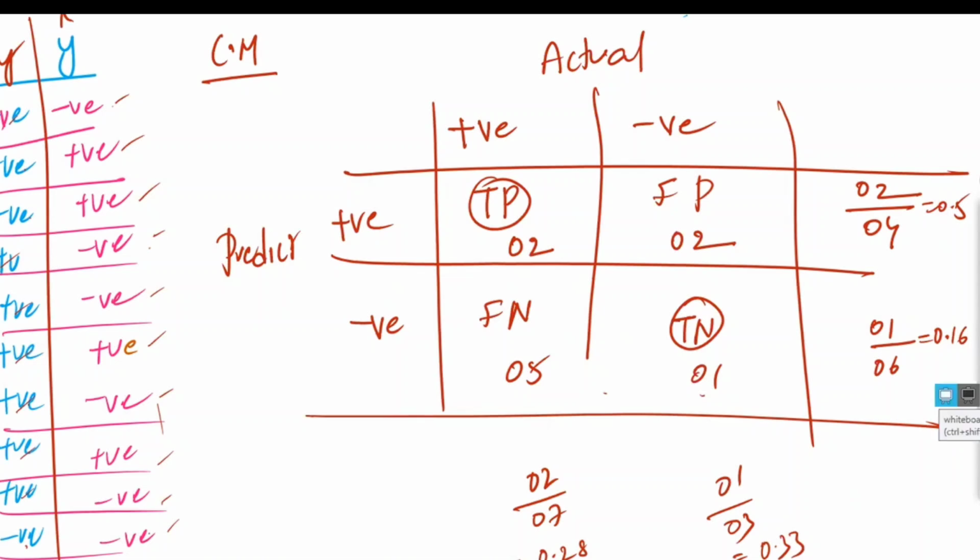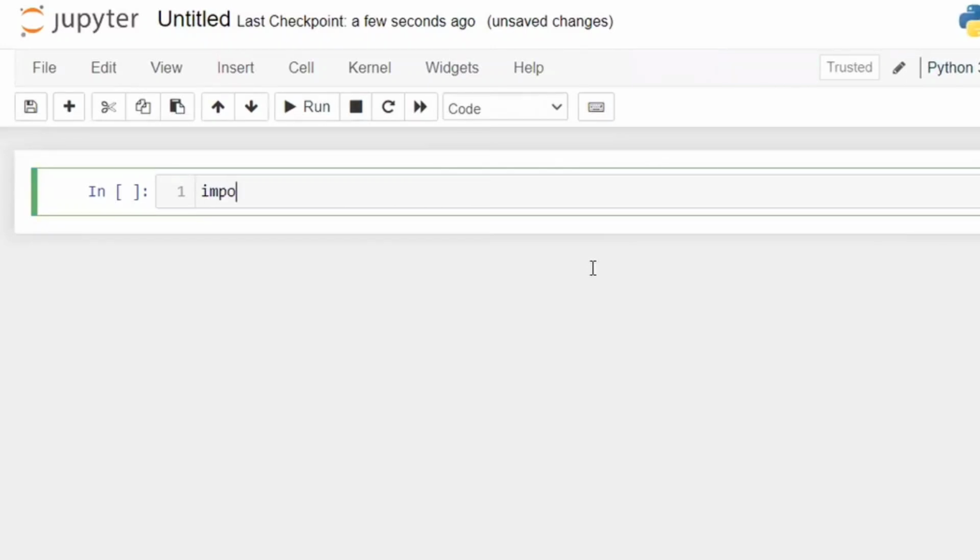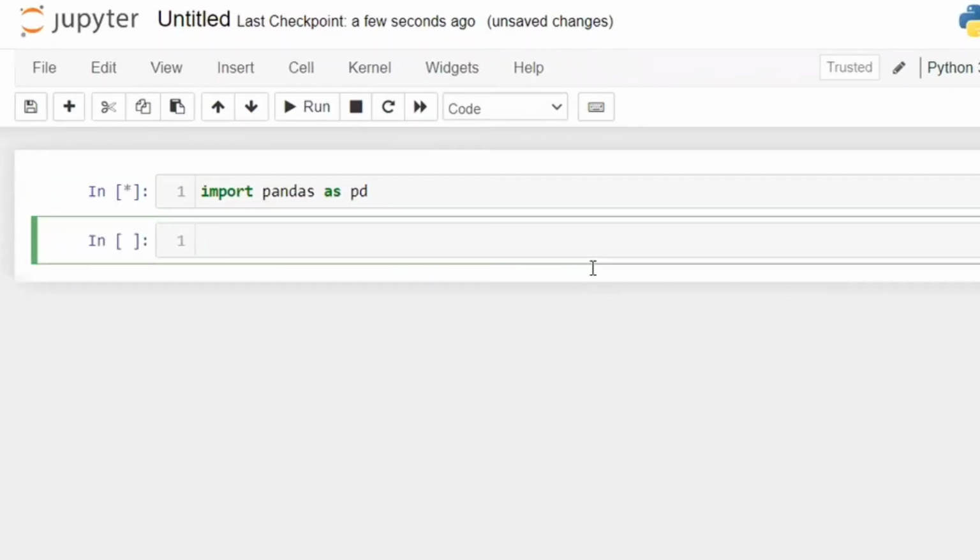So now I'm going to show you the same thing in Python. I'm going to import pandas as pd. If you want to create an Excel sheet, create an Excel sheet, or if you want to create a data frame directly by using pd.DataFrame, create the data frame directly. If you create it from the Excel sheet, it's the same answer.